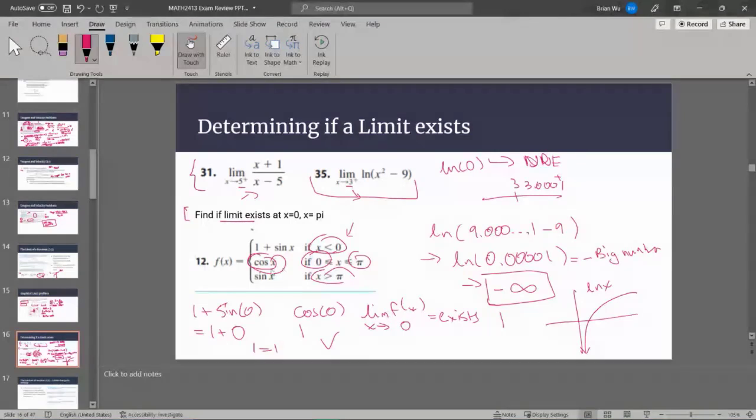So for pi, if we test that, we test for cosine of pi, and we test for sine of pi. And we know that cosine of pi is equal to -1, and sine of pi is equal to 0. So they're not equal to each other. So therefore, the limit of f of x as x approaches pi is DNE.